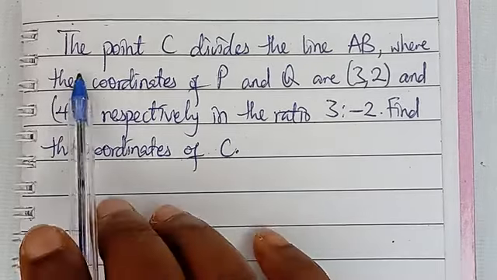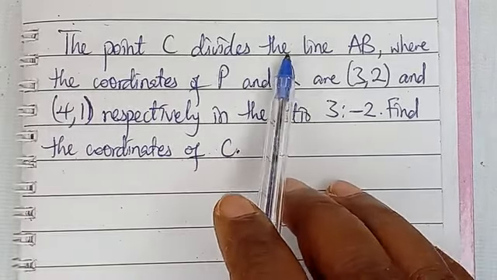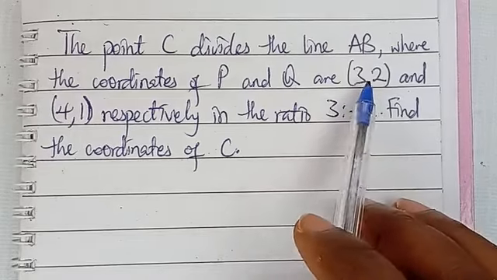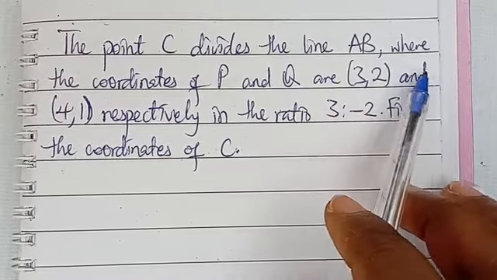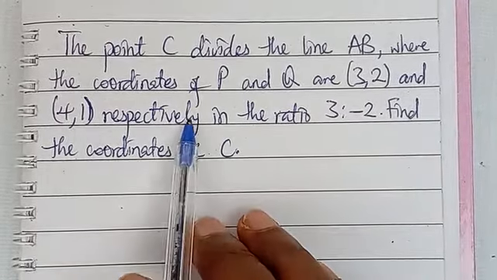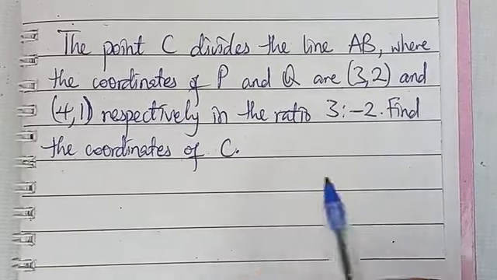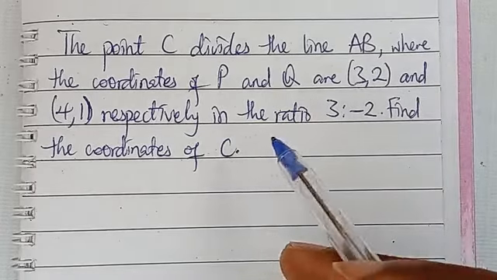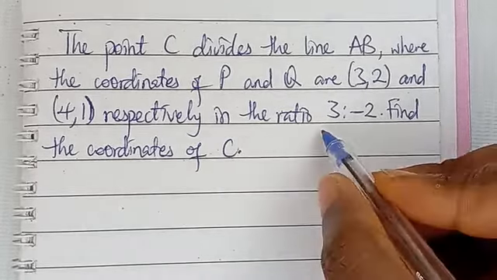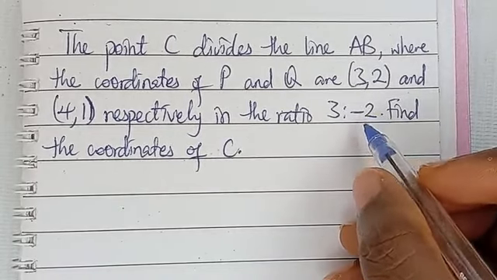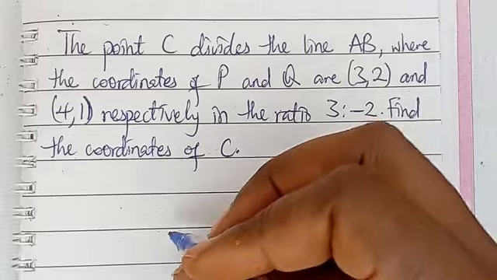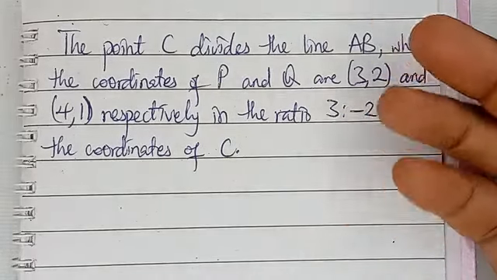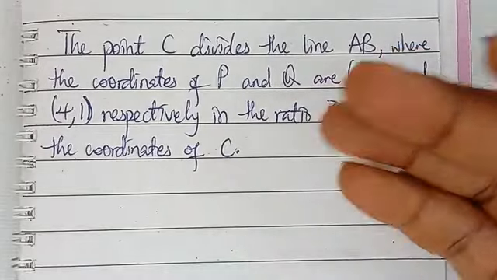The point C divides the line AB, where the coordinates of P and Q are (3, 2) and (4, 1) respectively, in the ratio of 3:2. Find the coordinates of the point C. Now, whenever we look at the ratio and we see a negative value, that means the point we are talking about is an external point. This is how to recognize external divisions.